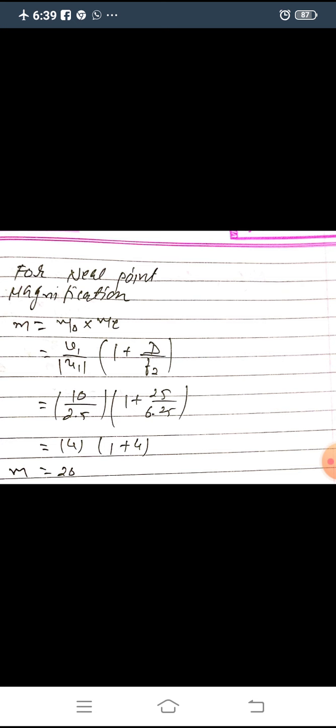Here we use the magnitude of U1, and for the eyepiece 1 plus D upon F2. Place the values: 10 by 2.5, times 1 plus 25 upon 6.25. Do the necessary calculation and we get a magnification of 20.